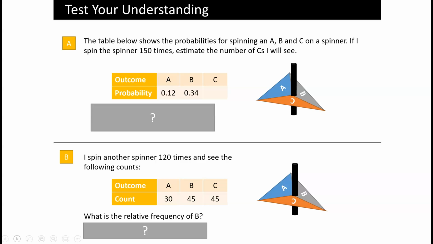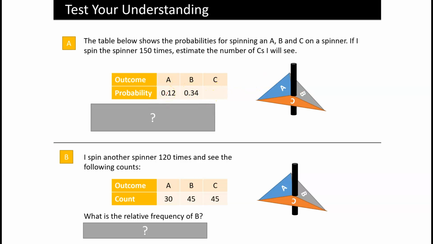The table below shows the probabilities of spinning an A, B and a C on a spinner. If I spin the spinner 150 times, estimate the number of Cs I will see. Well, we haven't got the probability of C, but we know that the three probabilities always add up to 1.